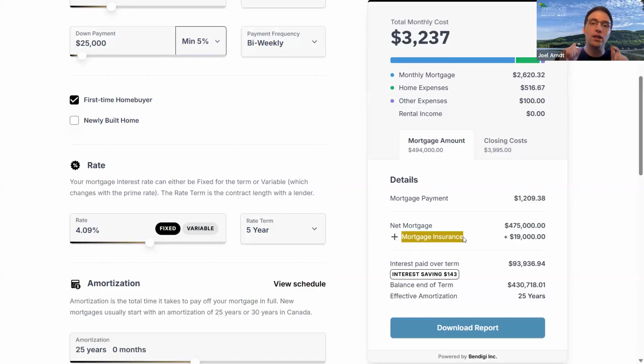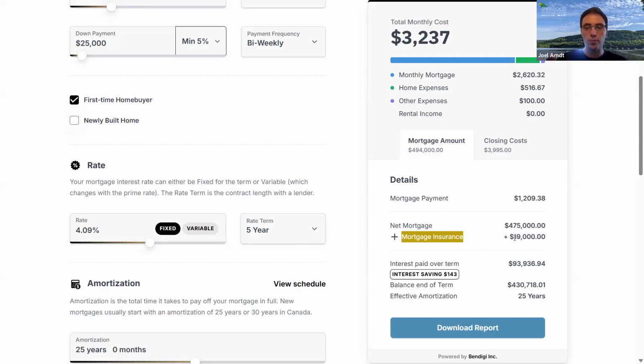However, the government allows us to put less than 20% down, to a minimum of 5%, if and only if the lender purchases mortgage default insurance. This is Canada Mortgage and Housing Corporation, or CMHC, Sagen, or Canada Guaranty.